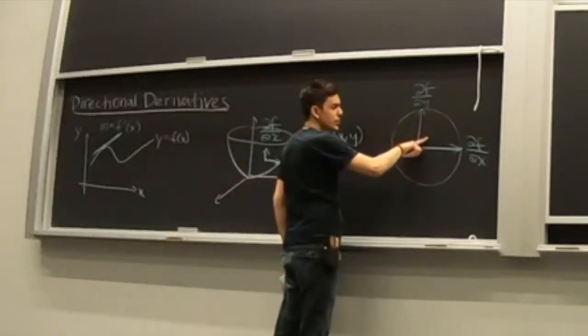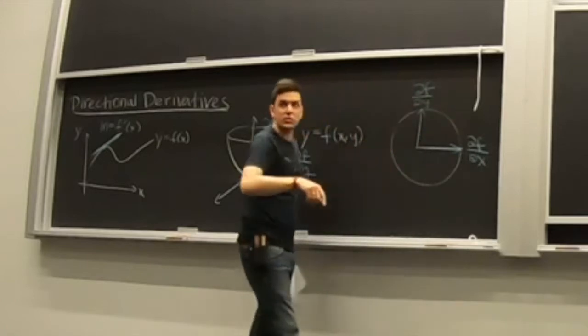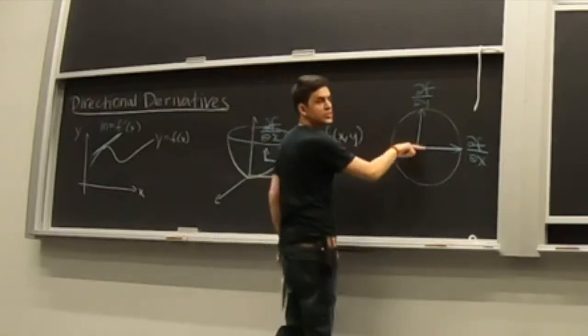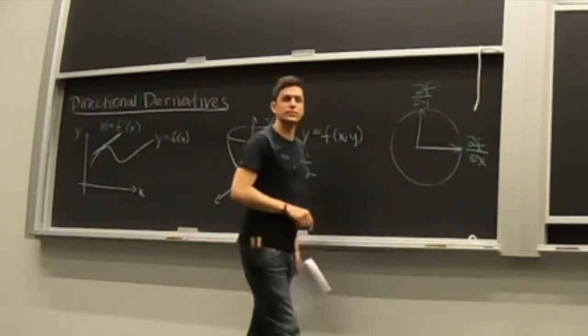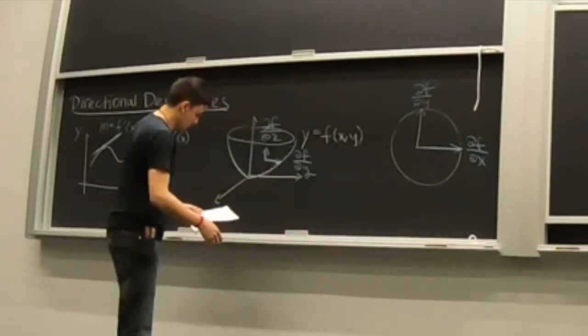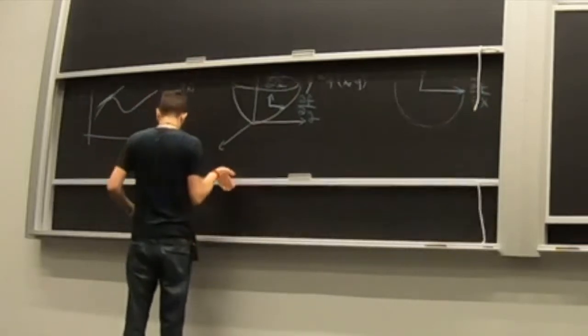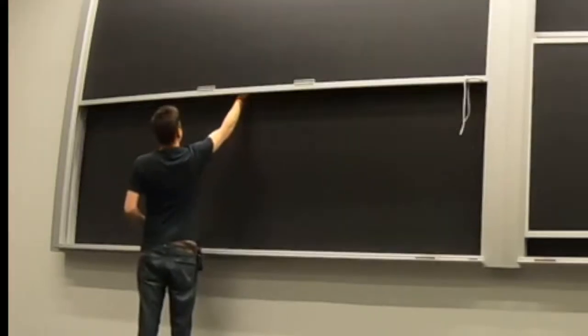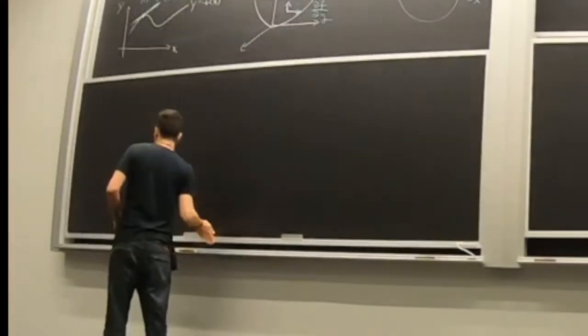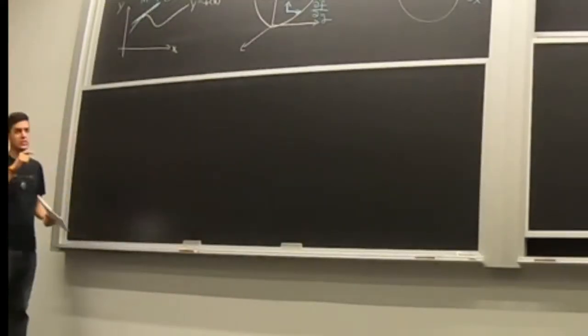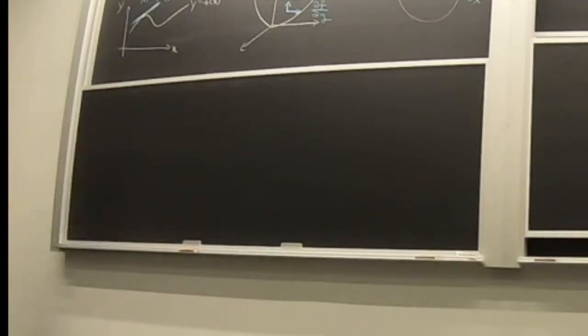We could talk about the slope as we move northeast, instead of just as the slope as we move east or the slope as we move north. So I want to recall the definitions of those partial derivatives, and we'll figure out how to generalize to arbitrary directions.